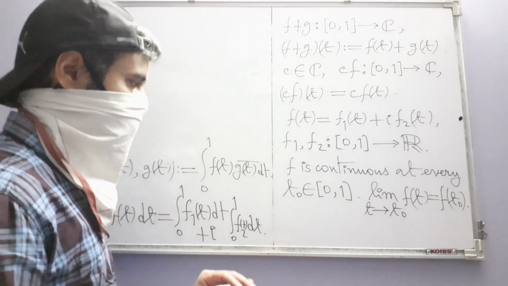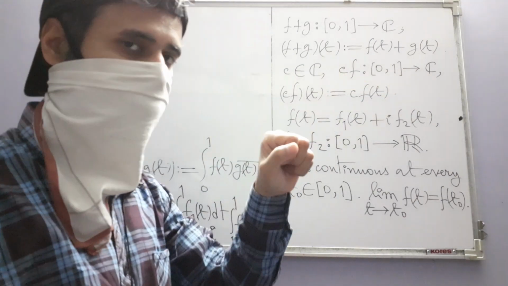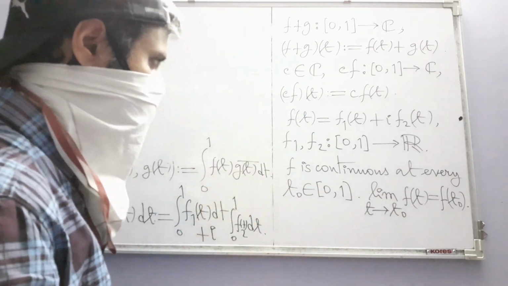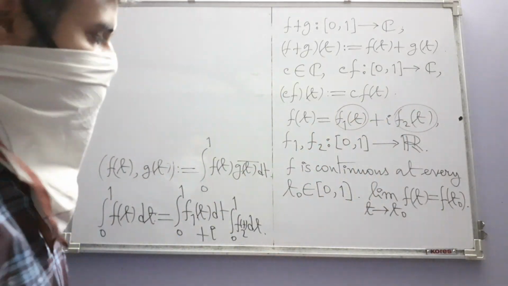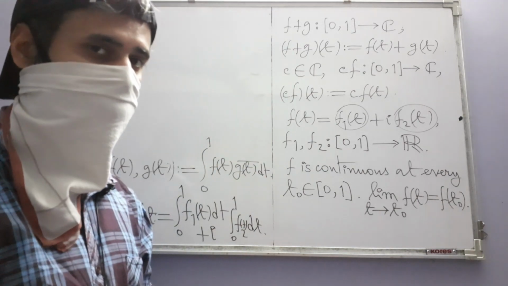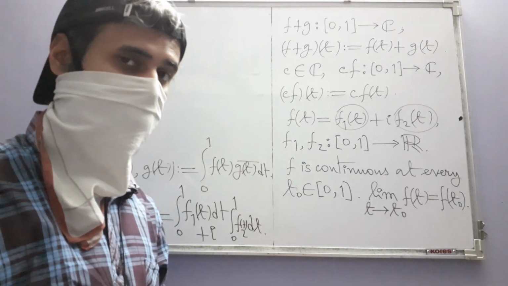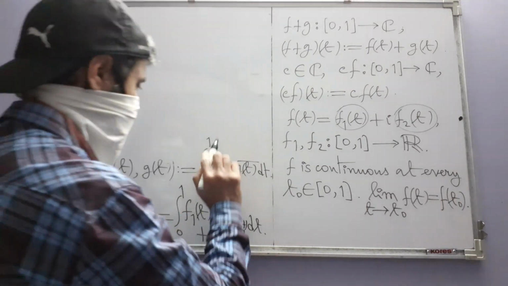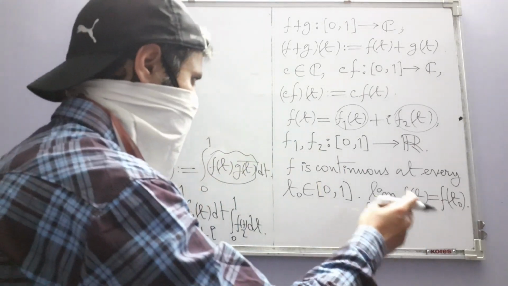Now the thing here is that if f of t and g of t are both coming from V, our vector space, so both are continuous functions, then their real and imaginary parts are also continuous, and from that you can prove that the complex conjugate of g is also a continuous function, and hence the product of these two continuous functions is continuous, which is a property of continuous functions.